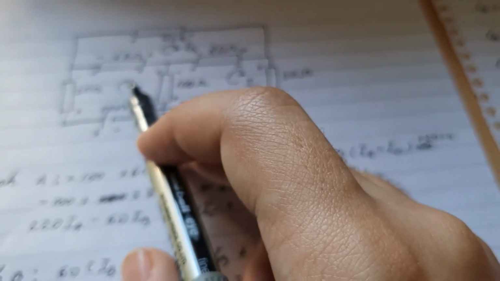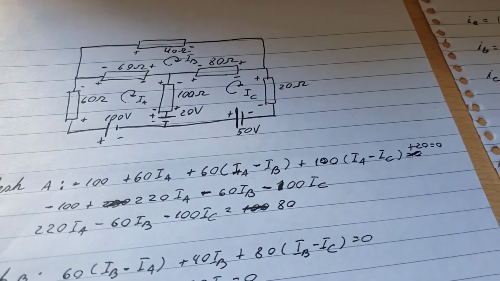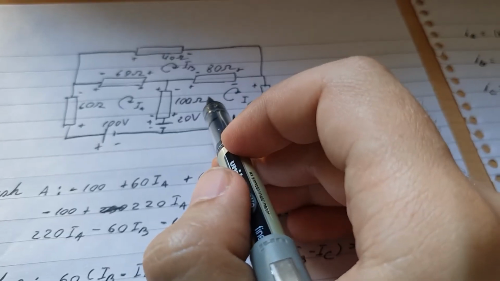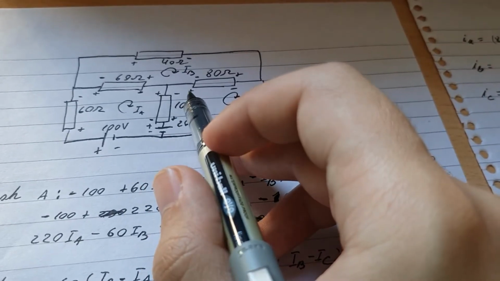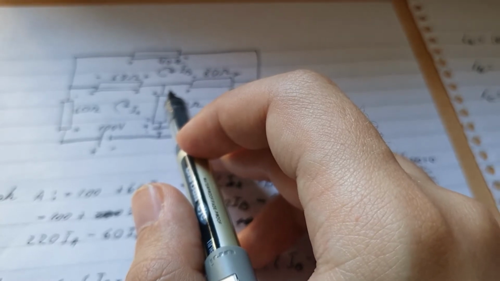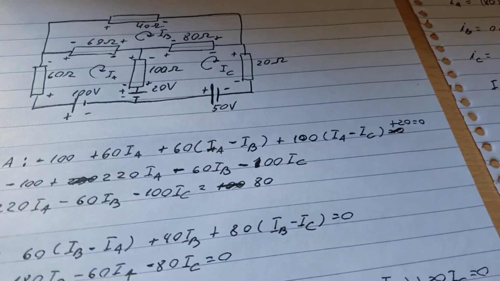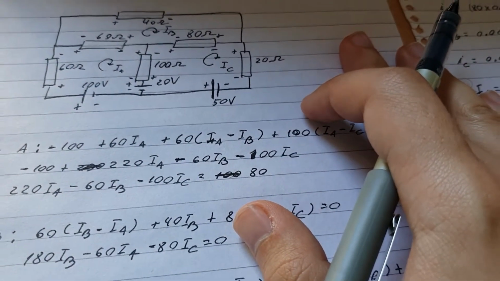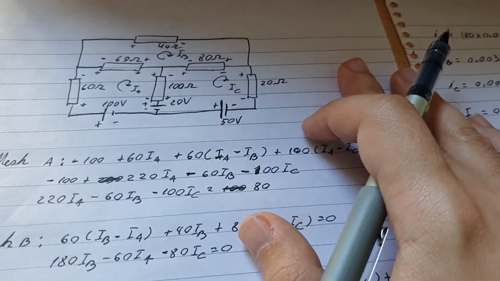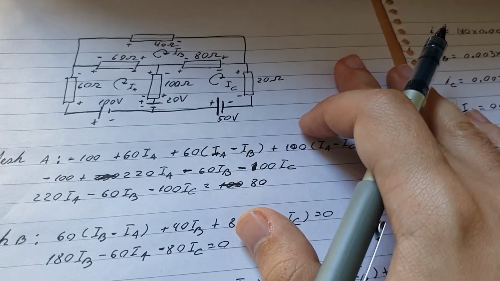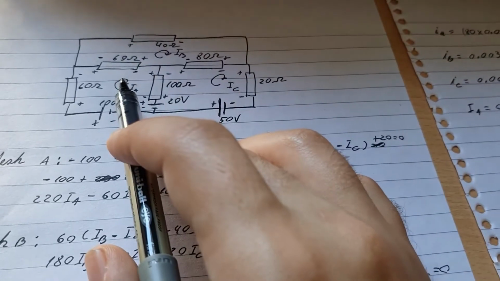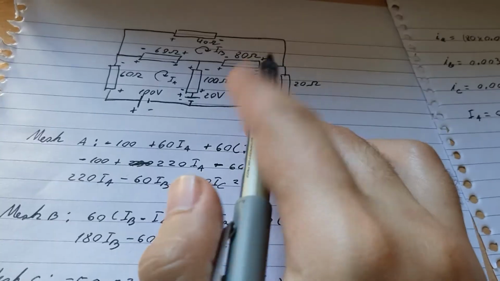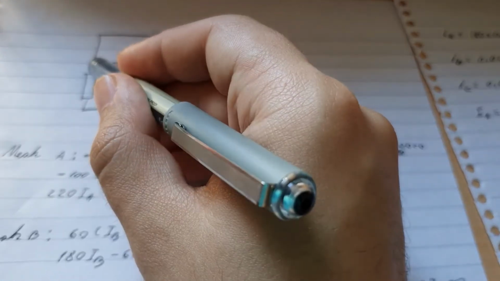So this one IA would be 0.46, and it will go inside here, and then that will be IC, that will go inside in this direction. Actually, I'm not sure how to check this one. I guess I will have to take these points, maybe this point here.